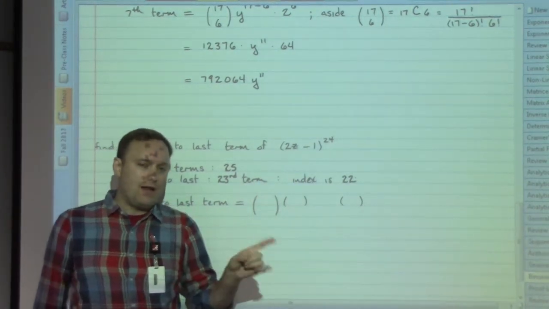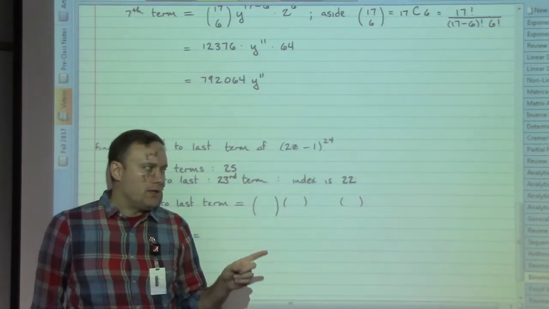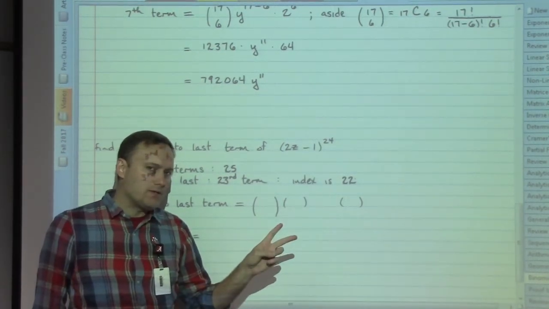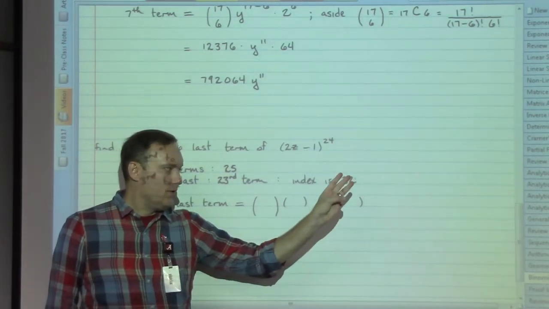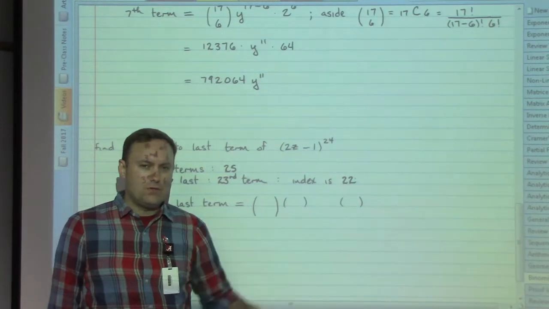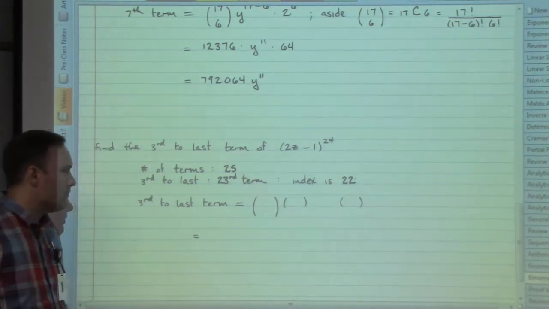So we could have started there and said the last index is 24. The second to last index would be 23. And the third to last index would be 22. So we can still get that same information. So whichever way works better for you.